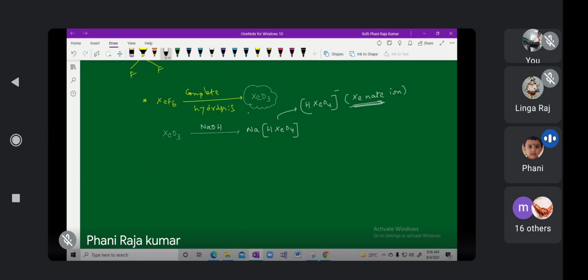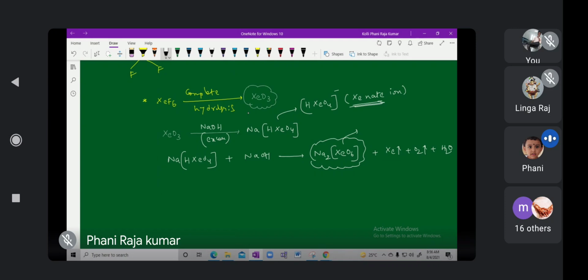So this xenate ion or sodium xenate further reacts with excess NaOH. It gives Na4XeO6, a very important compound of xenon, with the liberation of xenon and oxygen.